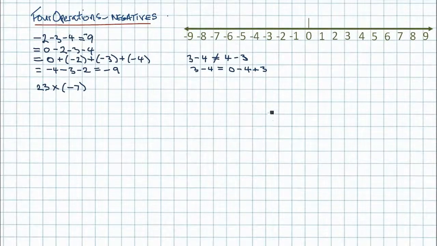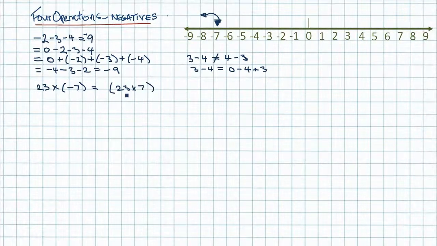So here's -7. And what we're really saying when we say multiply by 23 is take 7 off or subtract 7 23 times. So we're going to definitely go in this negative direction a long way. -7, subtract 7, subtract 7, subtract 7, subtract 7, and so on until we've done it 23 times. And I think you can guess it's going to be the same as 23 times 7.